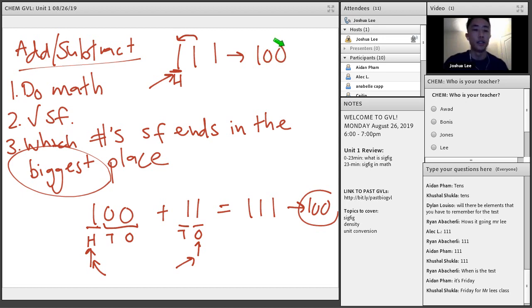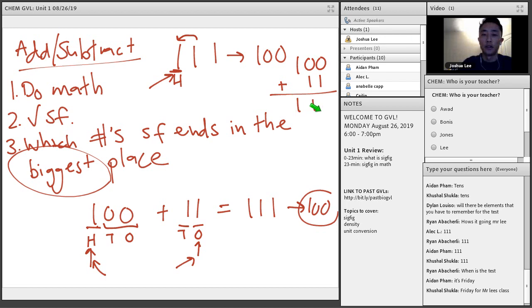Other people, what they like to do when they do the math portion, if you actually do the adding and subtracting vertically, it helps if you know where the sig figs end. So if you did like 100 plus 11 vertically, it's 111. But if you draw squiggly lines to show where the sig figs are, it'll show you, hey, this sig fig ends right there.